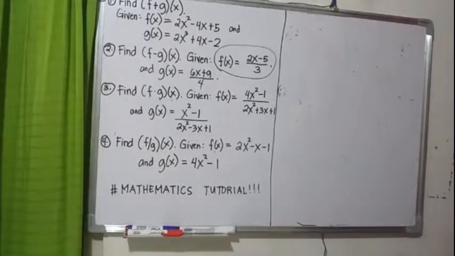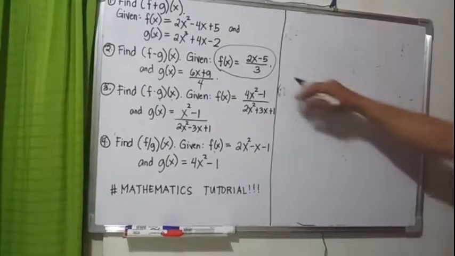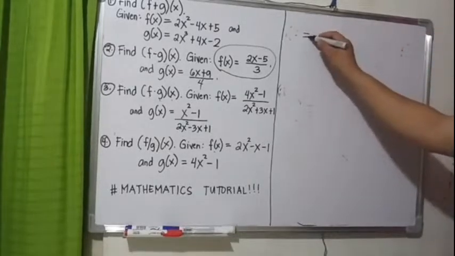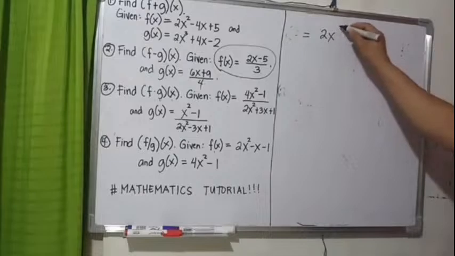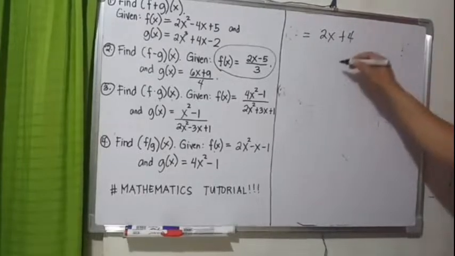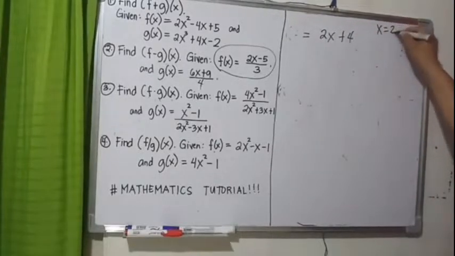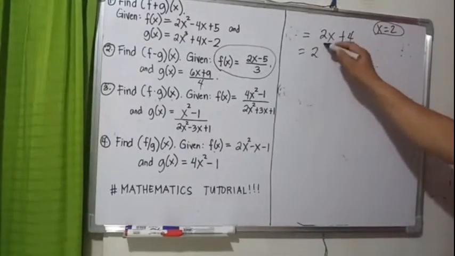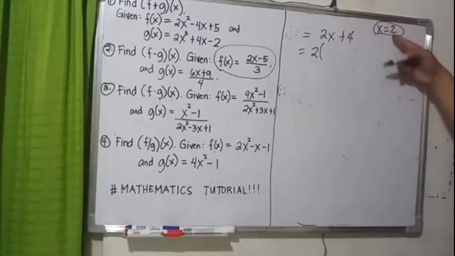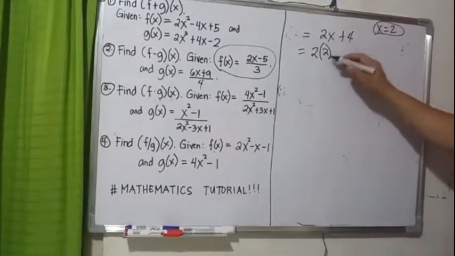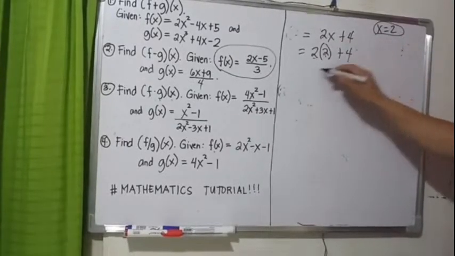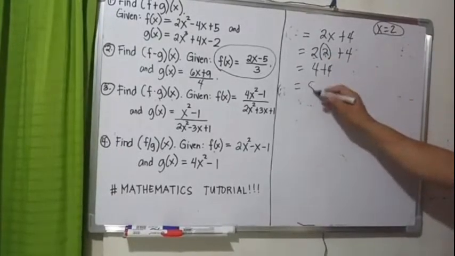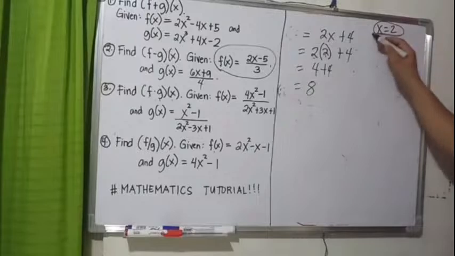For example, ang sagot natin kanina is 2x plus 4. So, kung ano yung value ng x dito, i-substitute lang natin. For example, 2. So, value ng x is 2. I-substitute natin. So, 2 times 2 plus 4. So, 2 times 2 is 4 plus 4. So, that is 8. Pag mayroong value ang x.